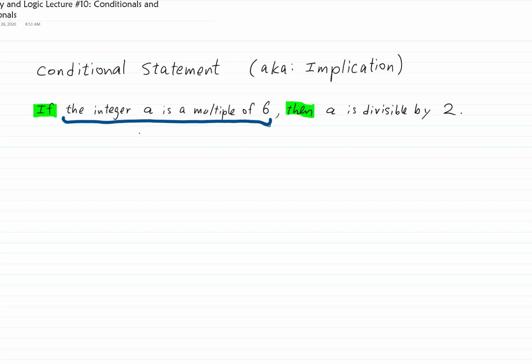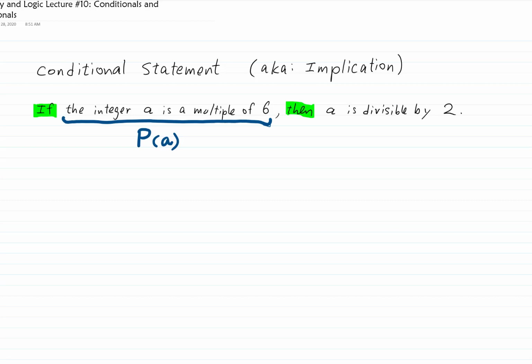I'm going to call that P of A. The book is just calling it P on page 42. Which is fine, but for open sentences, it's good to call it something like P of A, because the truth or falsity depends upon A and what number you plug in for A.